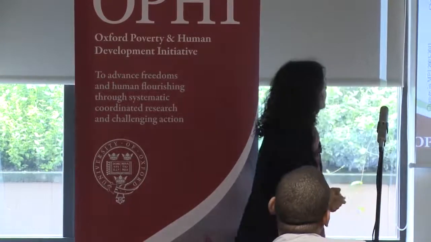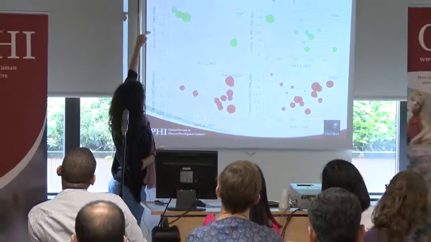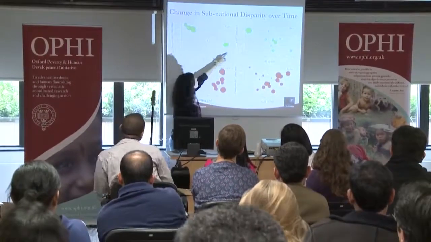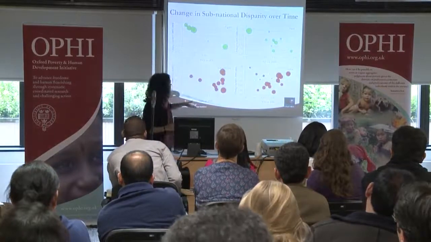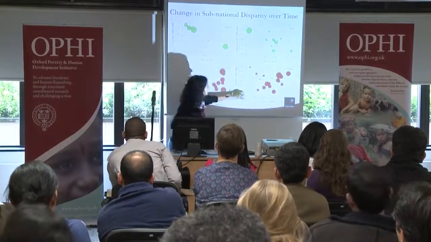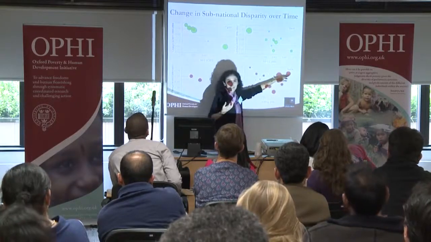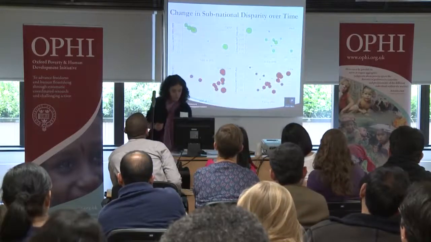Here are some graphs. The horizontal axis is the MPI in the first year of the comparison, and the vertical axis is the change per year. In Egypt, as you can see, the poorest region has decreased the most. In India, the poorest region was not the one that reduced poverty the least, but almost. So this is the point of these graphs.